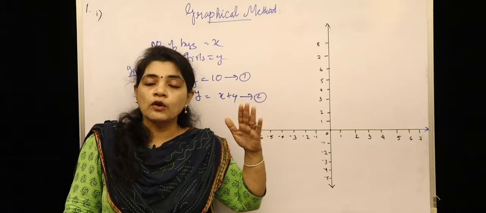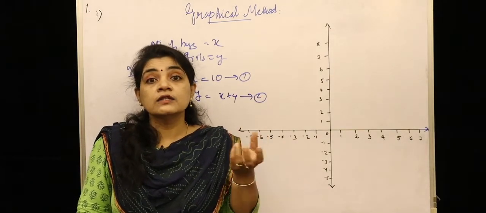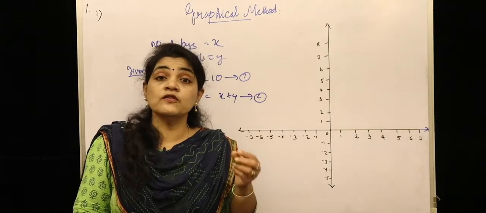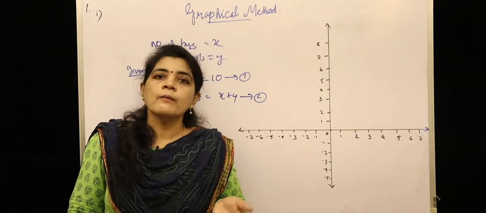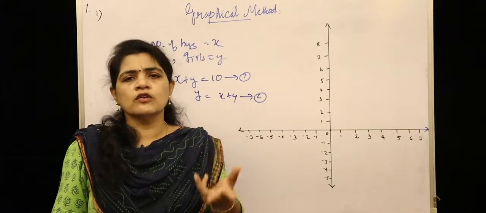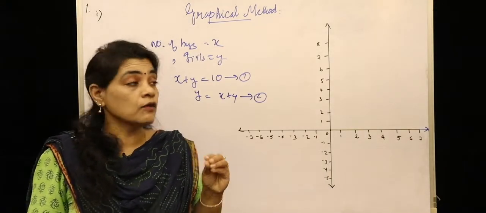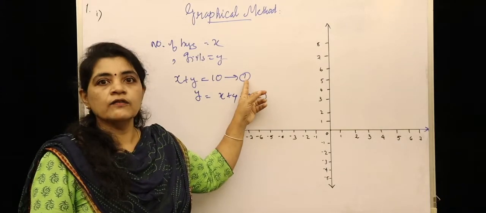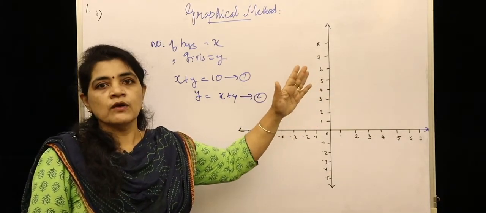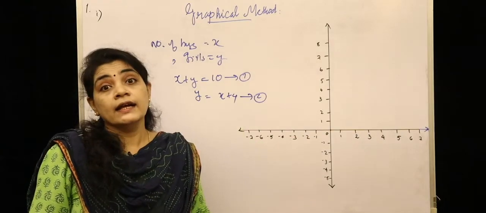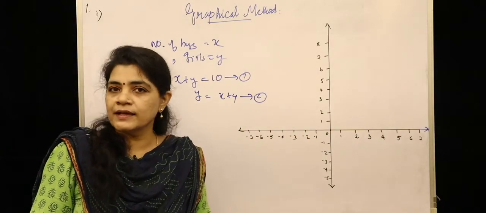In order to plot that we need the solutions, and a linear equation in two variables has infinitely many solutions, but we need only 2 or 3 of them. So to plot the graph for equation 1 we need a solution set, so that you can easily plot the graph, and it will be a straight line.